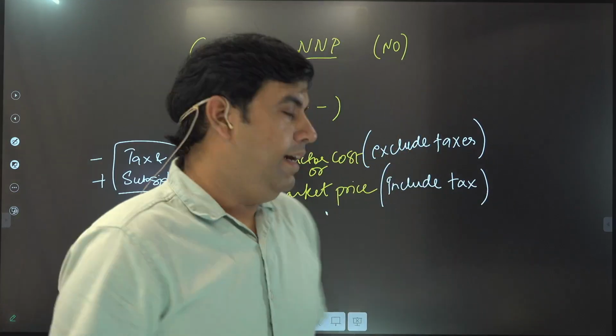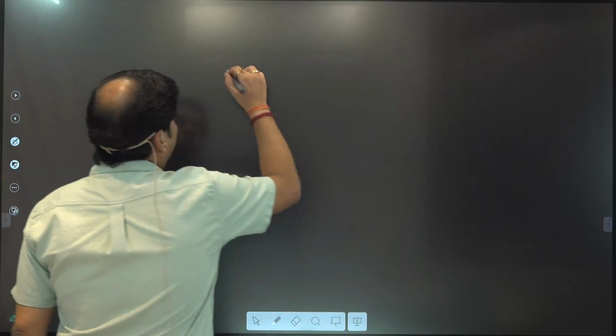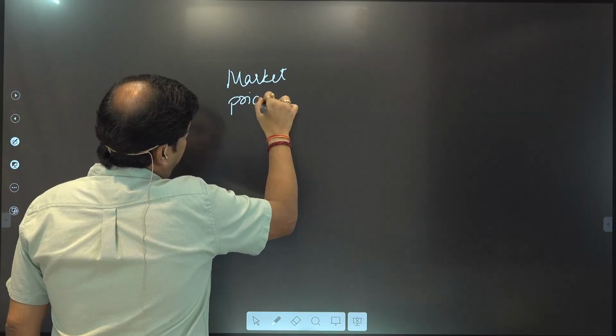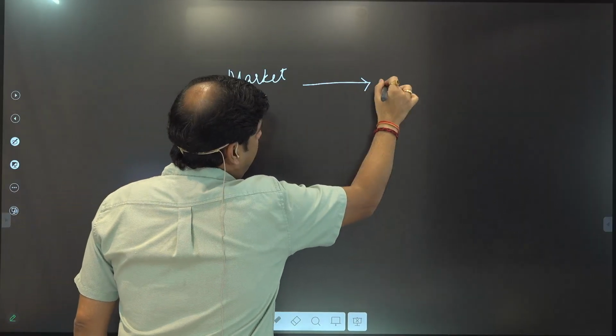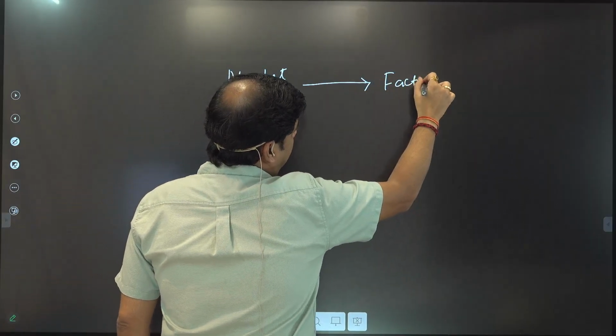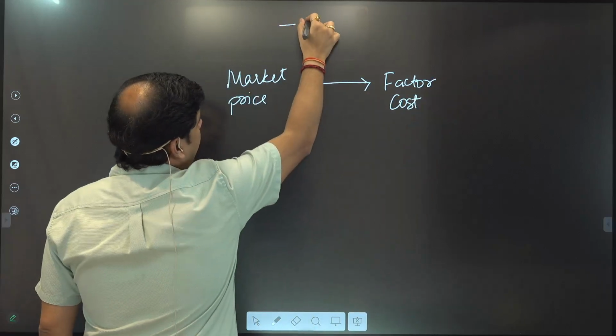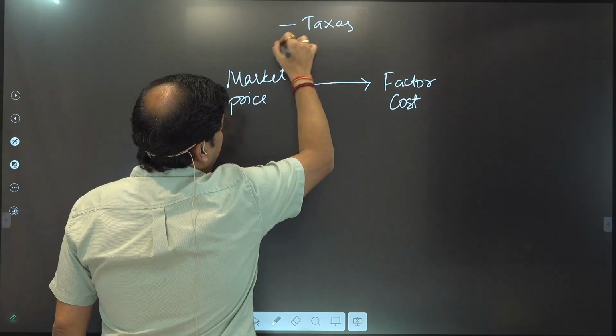So to reach from market price to factor cost, what should I do? I should subtract taxes and add subsidy.